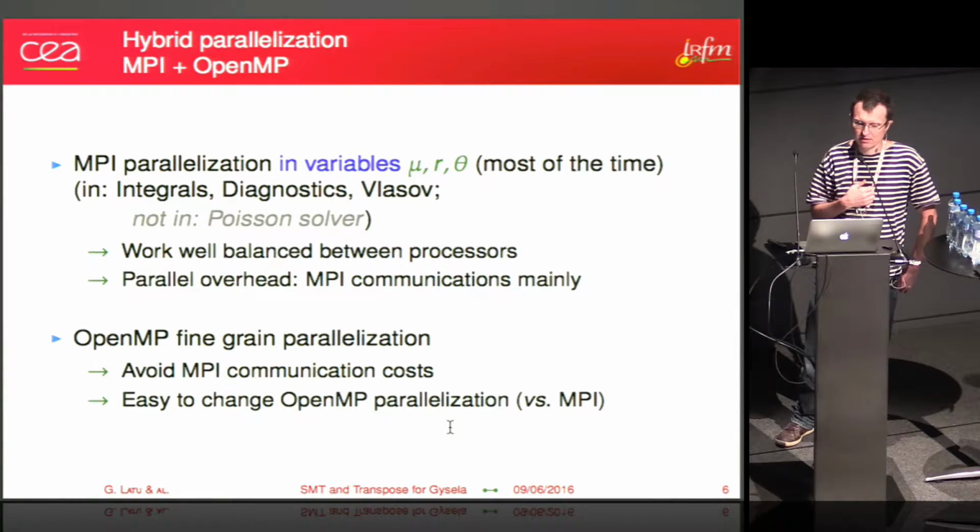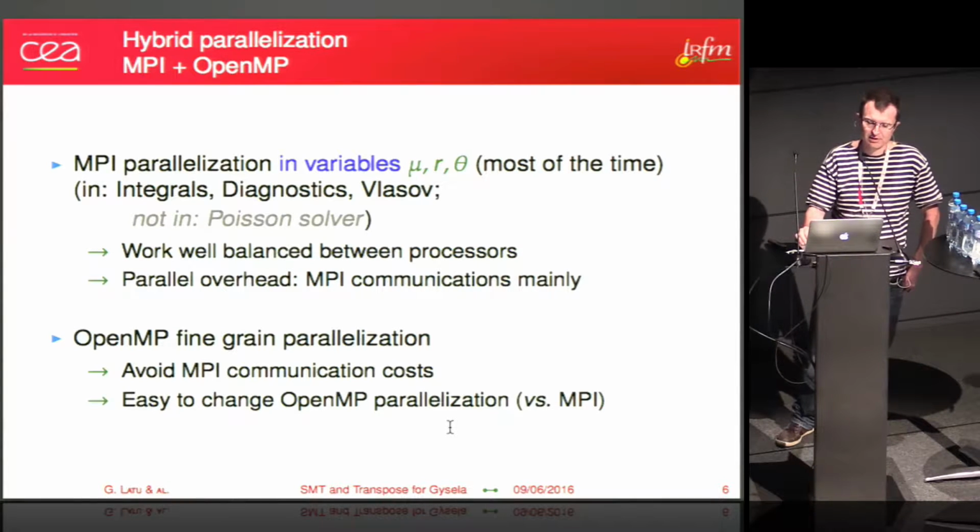The main properties: the work is very well balanced between processors, and the only overhead we have is mainly MPI communications. We also have an OpenMP fine-grained parallelization, and it competes with MPI, but it brings some advantages because it avoids MPI communication costs.